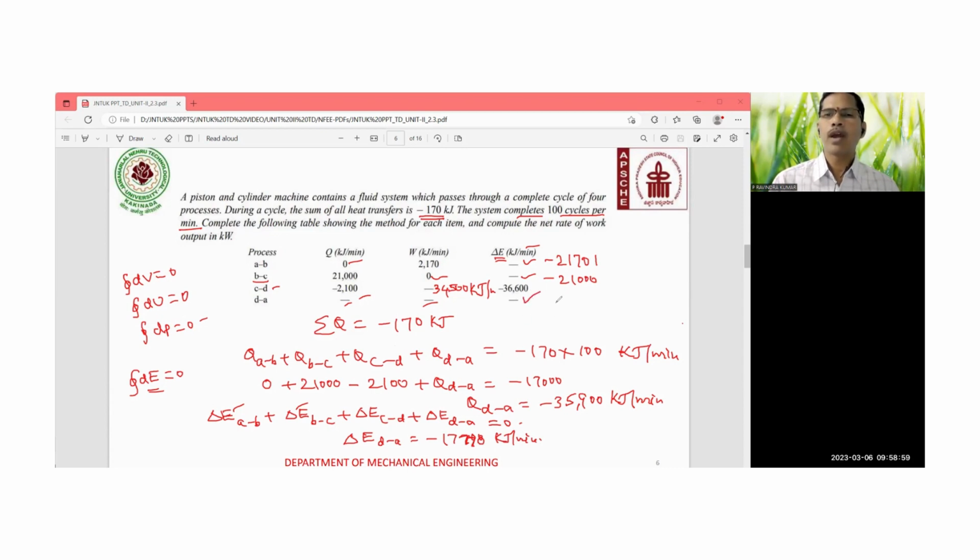Once after getting this value, we already know that Q D to A is equal to delta E A to D plus W D to A. Now we have to find out this particular work, so this is what you need to find.